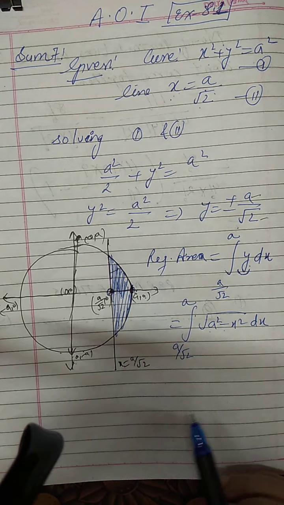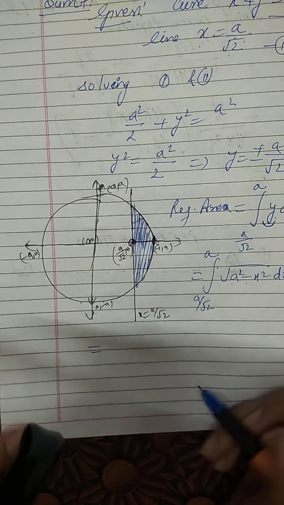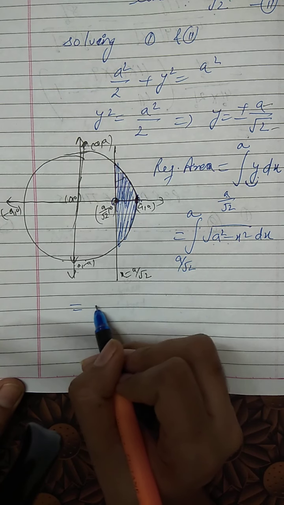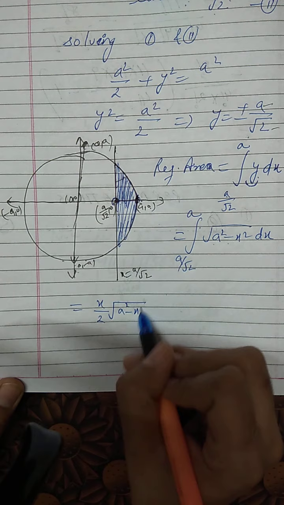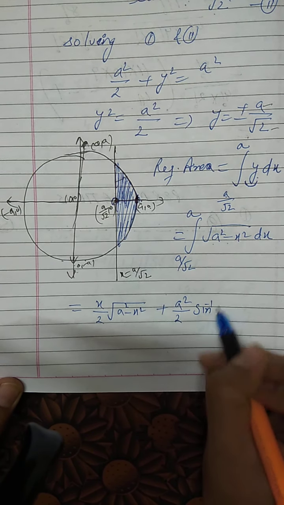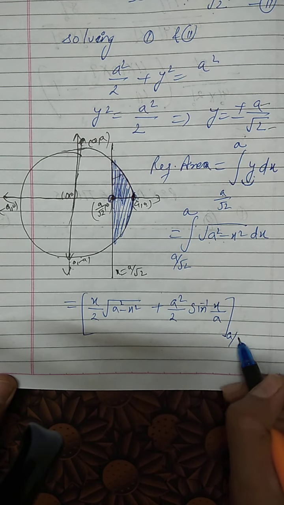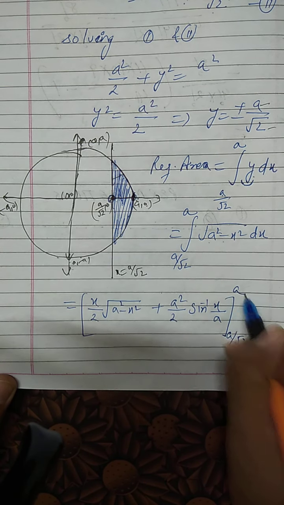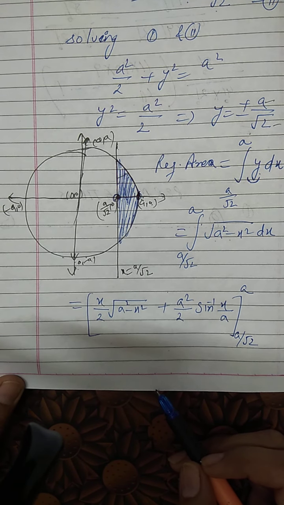So exactly this formula we will be using here. So this will be equal to x by 2 root of a square minus x square plus a square by 2 sine inverse x by a, and the limits are a divided by root 2 to a. I hope you people can apply the limits to get the answer.